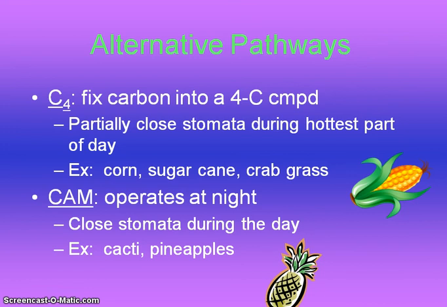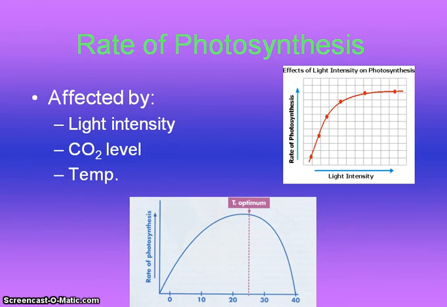They close their stomata during the daytime when it's very hot, so they don't lose very much water, and then they open their stomata at night so that gas exchange can continue to occur. Things like cacti and pineapples operate through this CAM pathway.